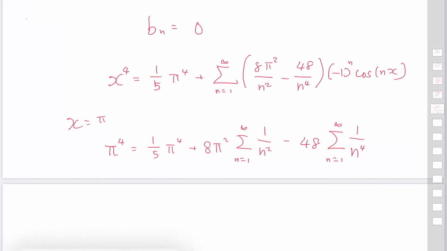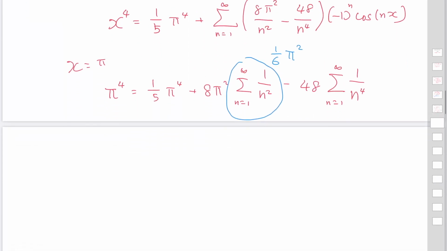I have just proved that the first sum becomes pi squared over 6. So from these equations, you can discover that the sum, n is 1 to infinity, of 1 over n to the fourth becomes pi to the fourth over 90. Actually, this is zeta 4.